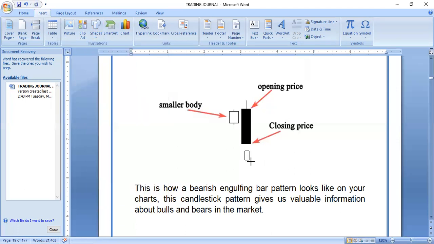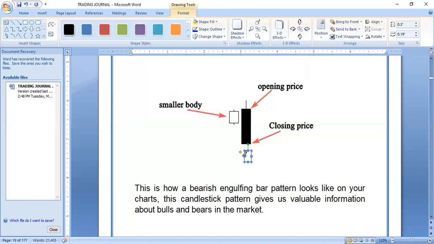So if another candlestick forms, like in that particular, let's say if this one was a continuous chart, so if another candlestick forms to confirm the bearish action, then as a trader, you can take a short or you can sell at that particular market price. This is how a bearish engulfing candle bar pattern looks like on your charts. This candlestick pattern gives us valuable information about bulls and bears in the market.